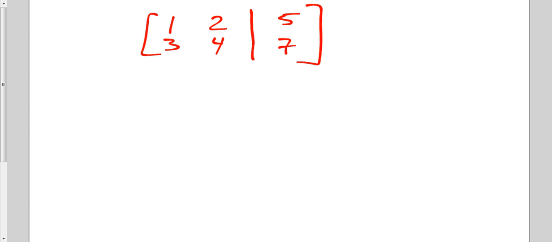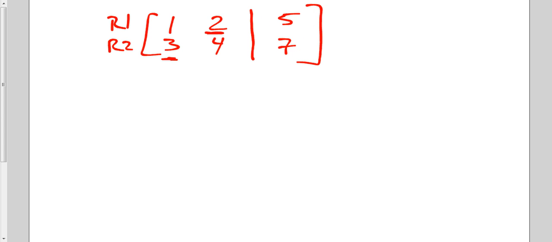Remember how I said I could come up with a solution for this, right? How would I come up with a solution for this? Well, we already have a 1, so taking the 1 and everything else 0. Row 1 and row 2, right? So I would make this 0 and this 0, and then I would see what these numbers became, right?